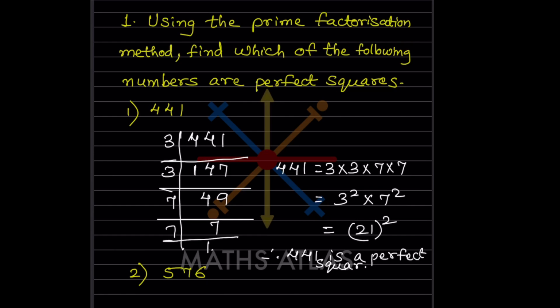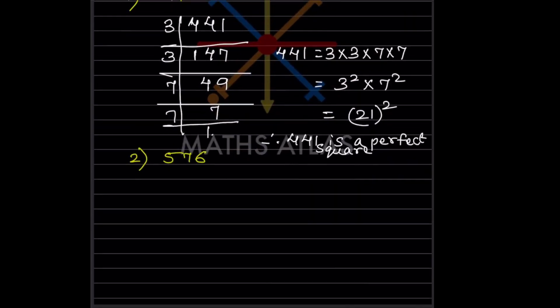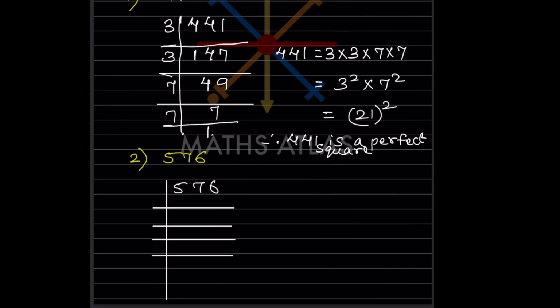Now let us see the next one, that is 576. Let us take the factors of 576. This goes with 2 because the last digit is 6. 2 2s are 4, 2 8s are 16, 2 8s are 16.